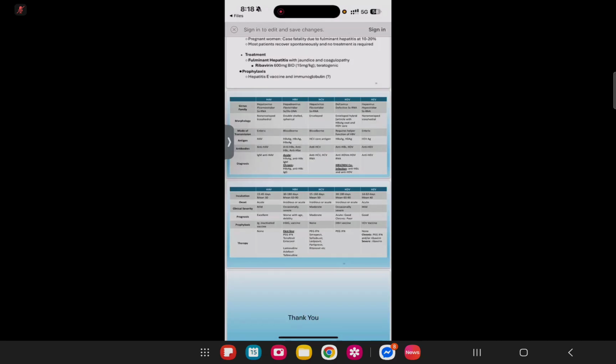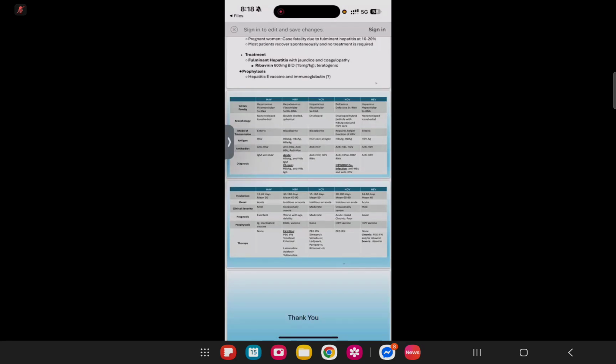Hepatitis A and E are enterically transmitted, meaning fecal-oral, and they are self-limited, rarely becoming chronic. While hepatitis B, C, and D are blood-borne and have a higher risk of chronicity and hepatocellular carcinoma. Hepatitis B infection is immune-mediated, not directly cytopathic.